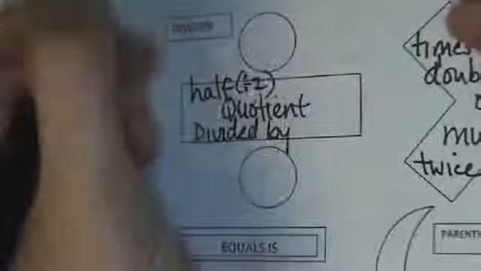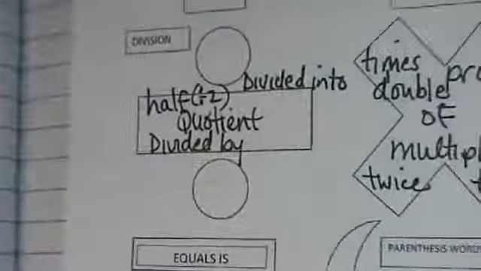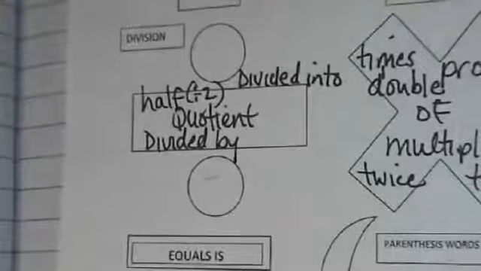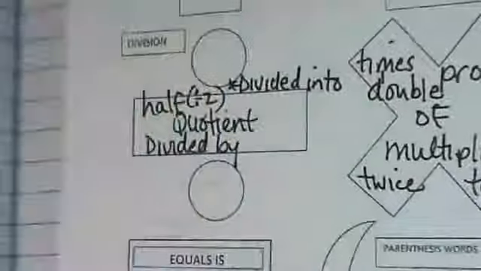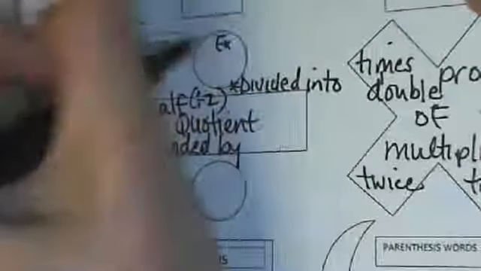And I'm going to put divided into. If a number would be divided into something, this one, you have to be careful. If I were to say, for example, 5 divided into 10, okay?